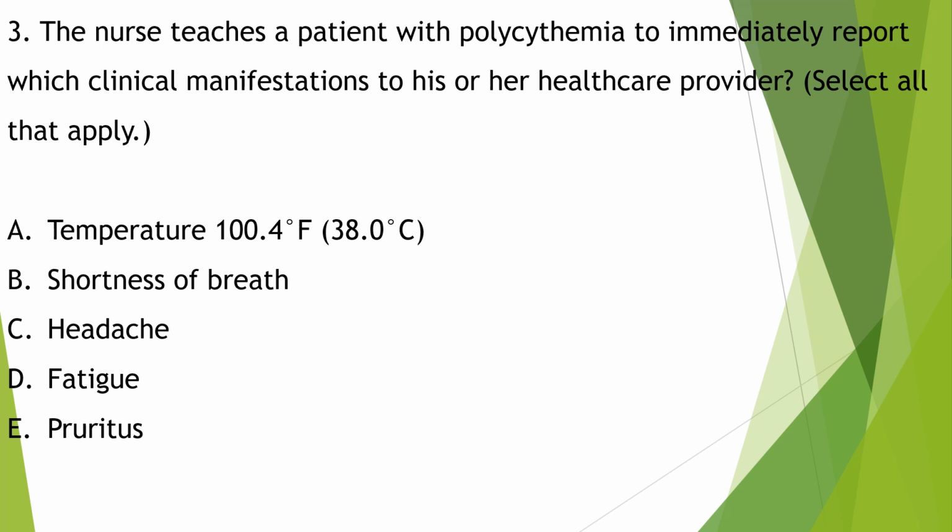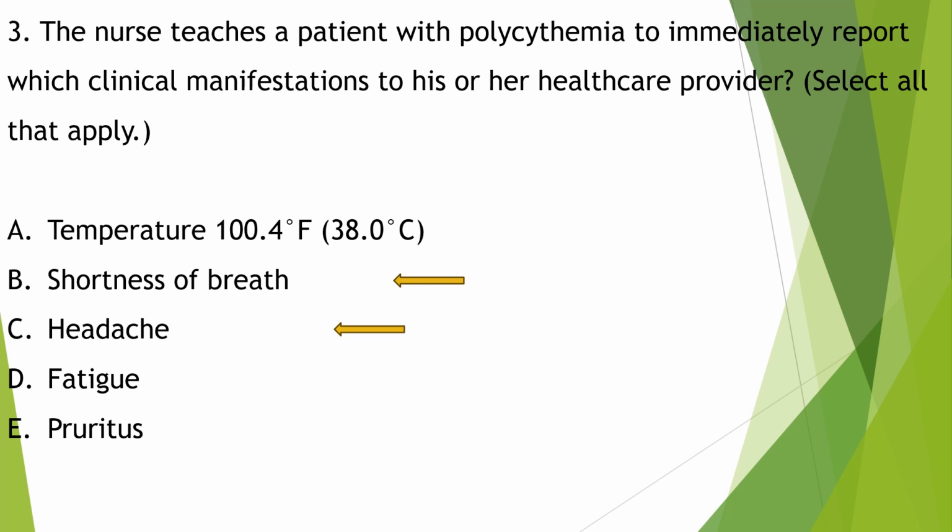Polycythemia patients are at increased risk of death secondary to cerebrovascular accident, myocardial infarction, pulmonary embolism or hemorrhage due to hyperviscosity of the blood. So here we need to look for shortness of breath and headache.